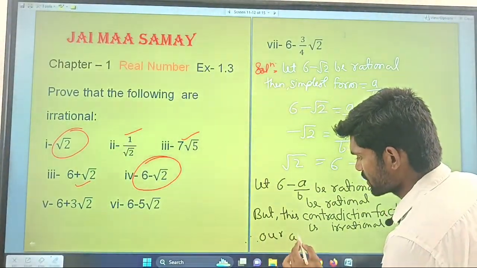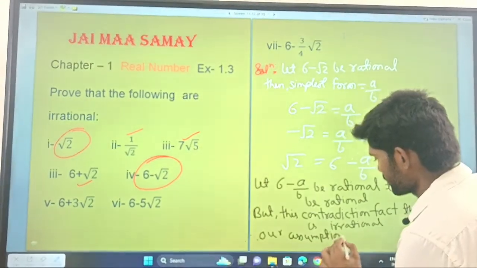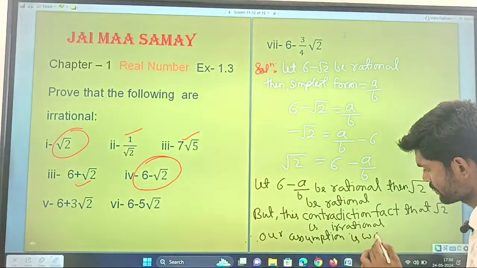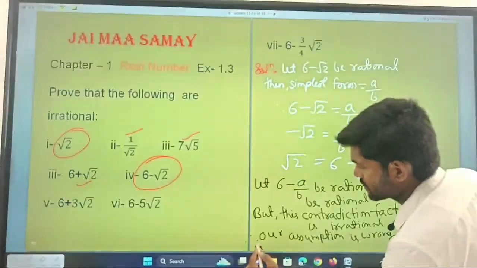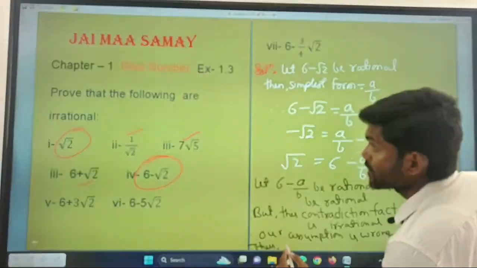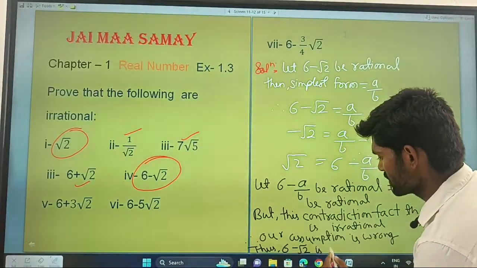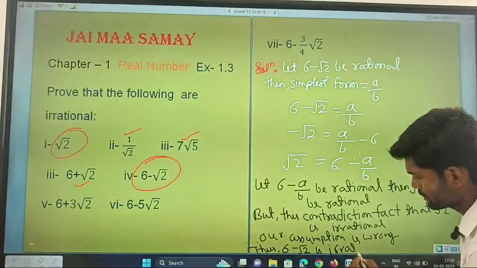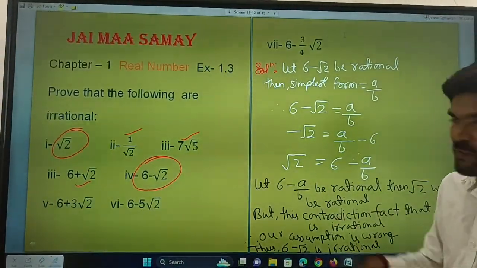Therefore our assumption is wrong. Hence, thus, what is your question? 6 minus root 2 is irrational. Clear? Understand? Only what changes?